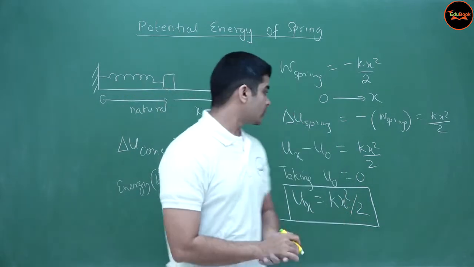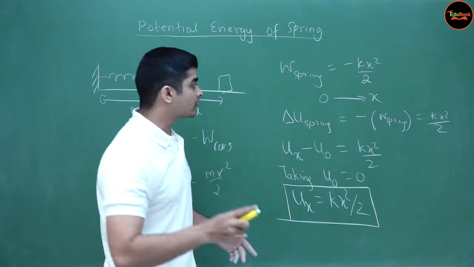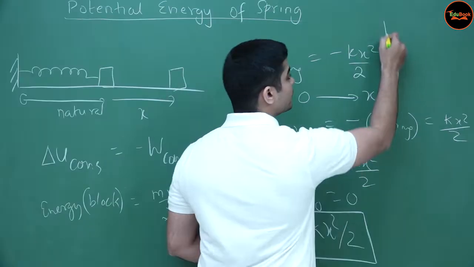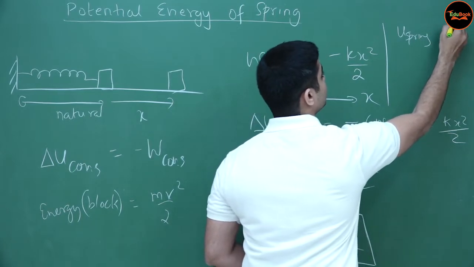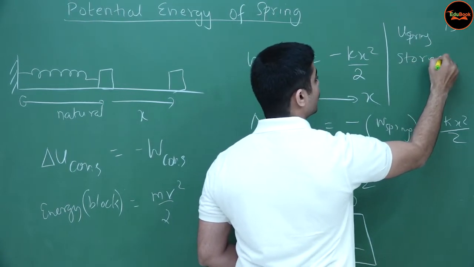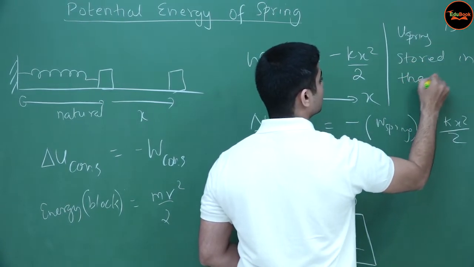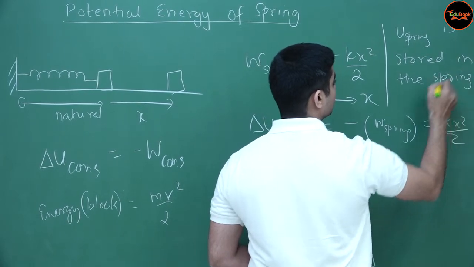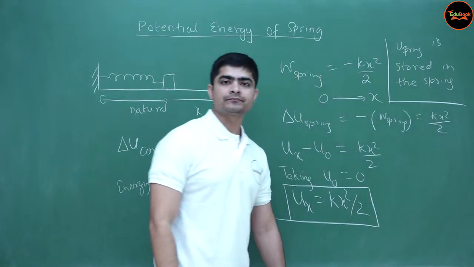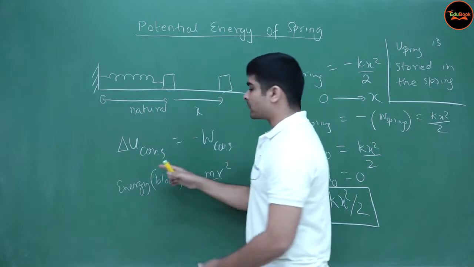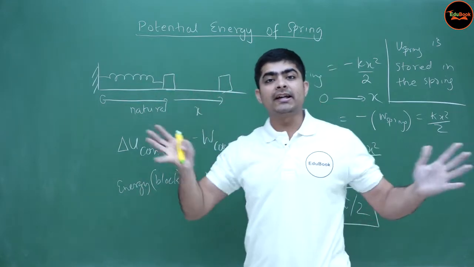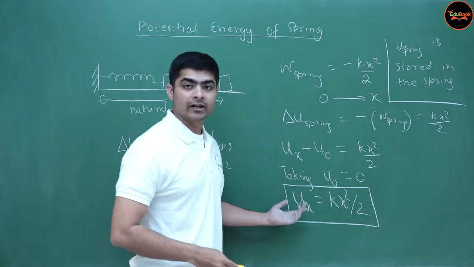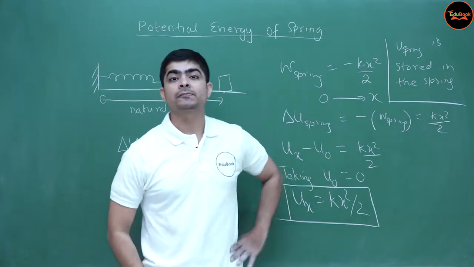Note down this thing: potential energy of the spring is stored in the spring. The block can only have kinetic energy. The spring is changing its length, so the potential energy is stored in the spring.